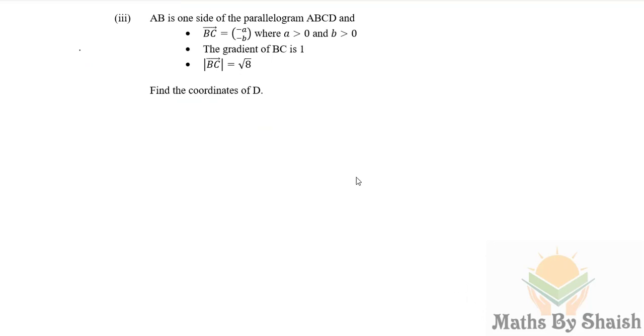Here's the third part. AB is one side of the parallelogram ABCD, where A was given as 7 comma 2, I will write the coordinates, and B was minus 5 comma 8. These are the coordinates of AB, and AB is one side of the parallelogram ABCD, and the BC vector is minus a, minus b, where a is positive and b is positive.